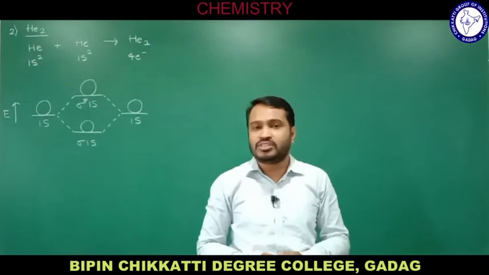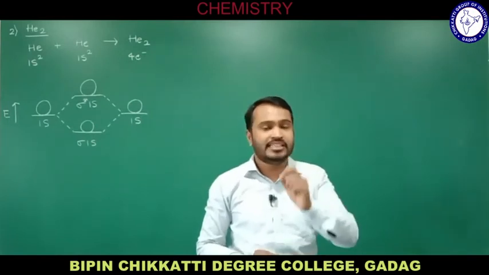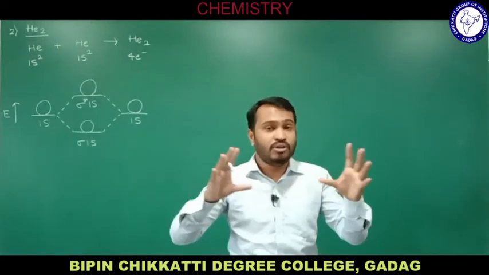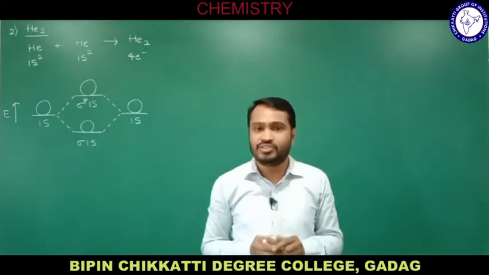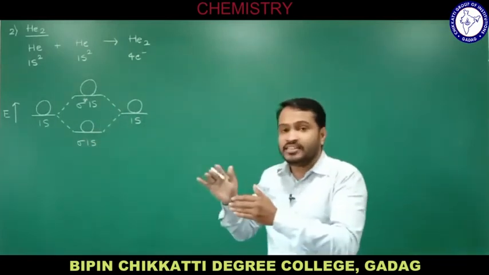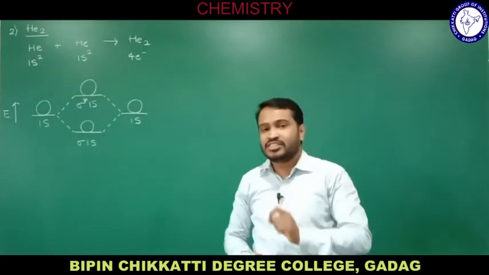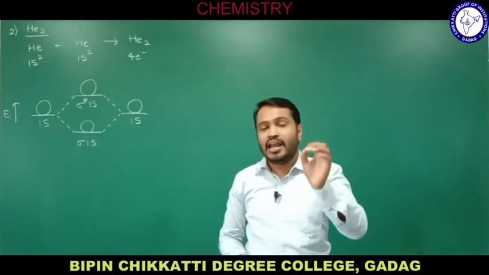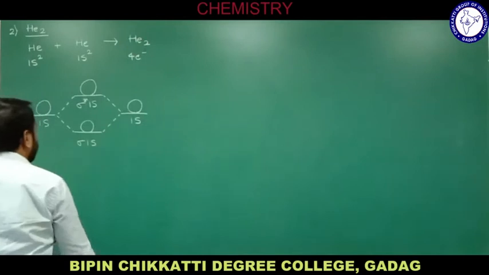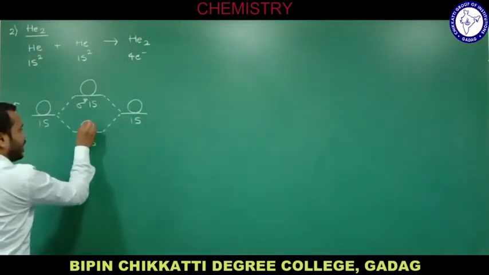Pairing of electrons starts after each atomic orbital is filled with one electron only, and the orbitals should be of the same energy. Here we have 1s and here is also 1s, but the energy is different. Pauli's exclusion principle you need to follow. Electrons of opposite spin can only be paired. So out of 4 electrons, 2 electrons I represent here.